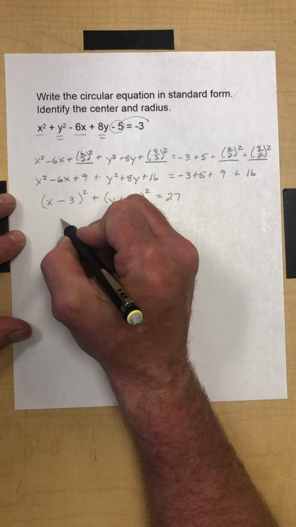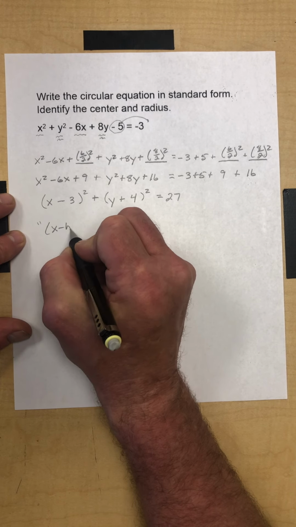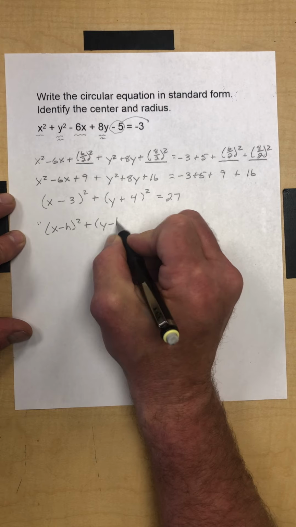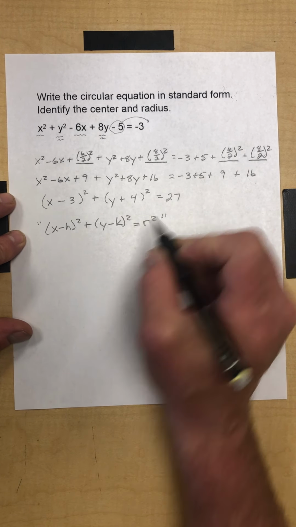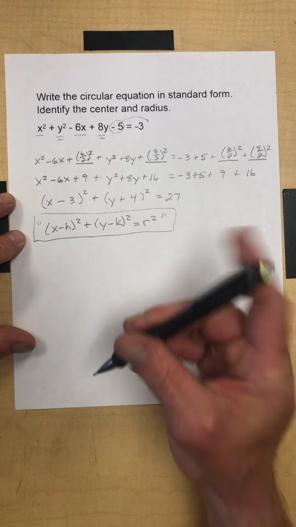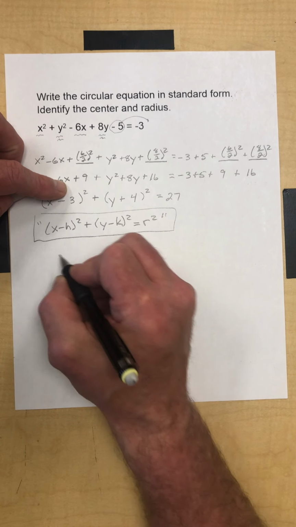So remember, this takes us back to x minus h squared plus y minus k squared equals r squared. Takes us back to this. So when I take a look here, that'd be x minus h, so h is 3.